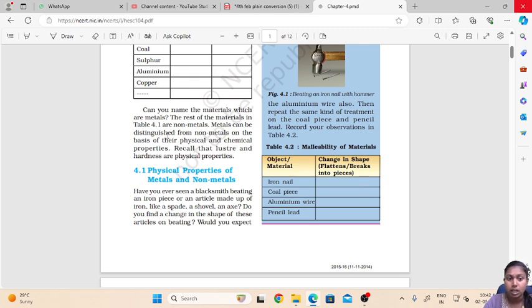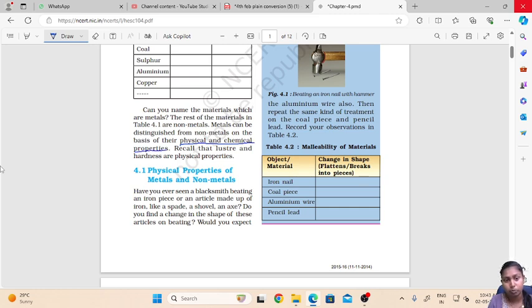These properties are physical and chemical properties.